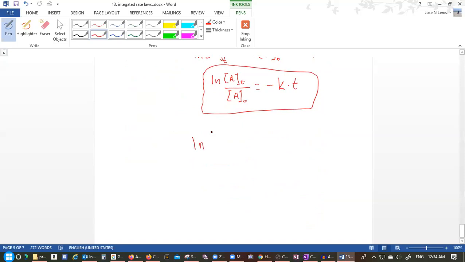Natural log of concentration of A at initial conditions over concentration of A at time t equals positive kt. So either one.